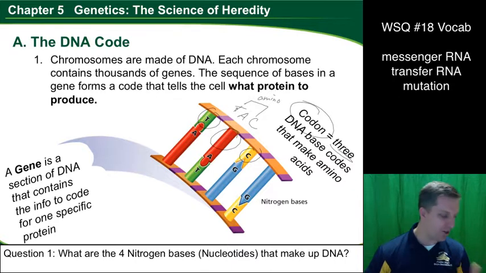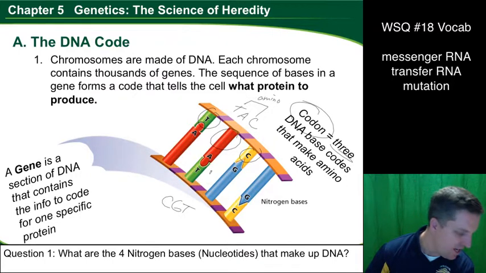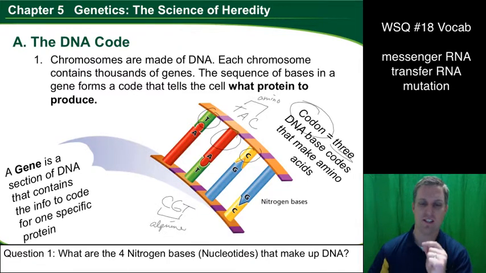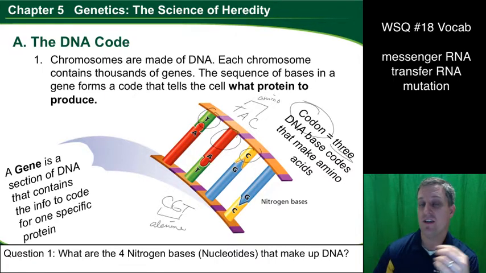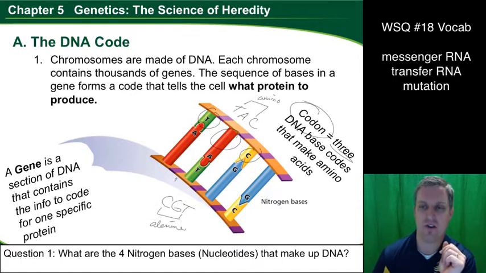For example, the amino acid alanine is coded from the codon CGT, so cytosine, guanine, and thymine. So anytime you see CGT in order, that is going to produce the amino acid alanine. And that's important because proteins are made up of those amino acids plugged together in order.